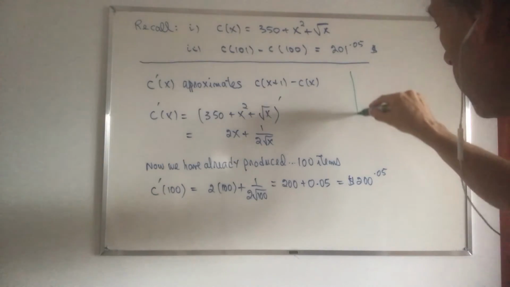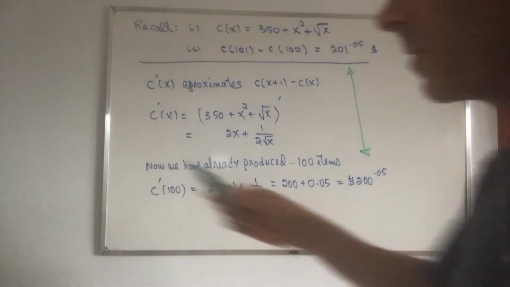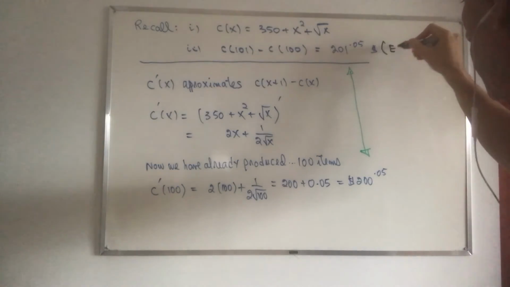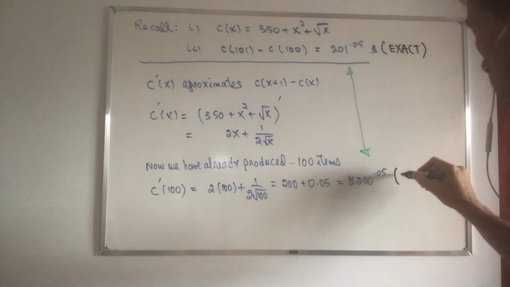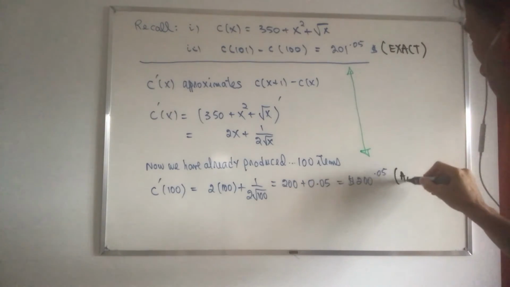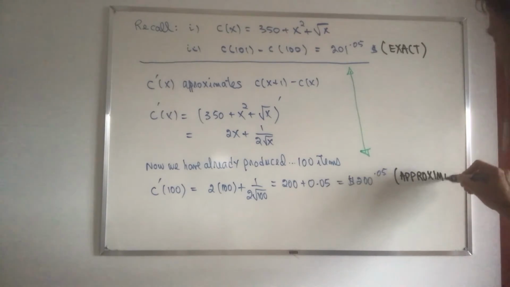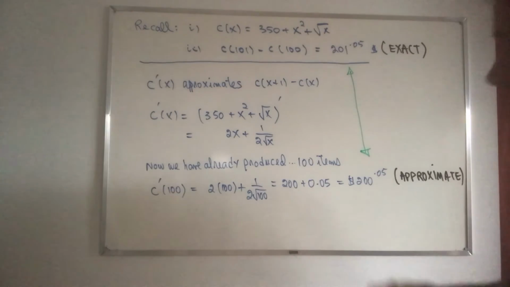Compare the exact and the approximate. This is the exact price of producing the 101st unit, and this is the approximate price of producing the same thing, the 101st unit.